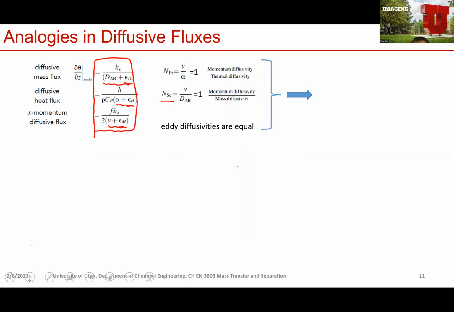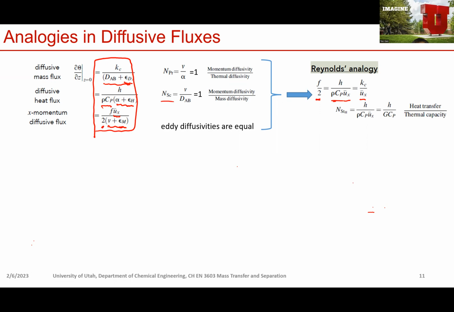So that gives us the so-called Reynolds analogy. If you just drop out the diffusivity terms, you will have f/2. Then you move velocity over to the right side of your equation. Then you will have f/2, that's from this equation, equals h over rho Cp Ux, that's from this, equals this.